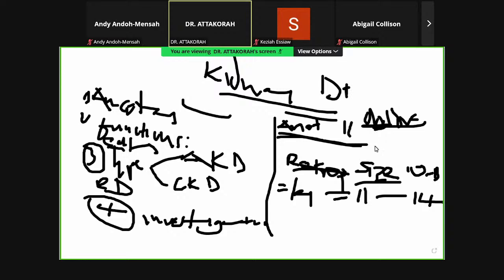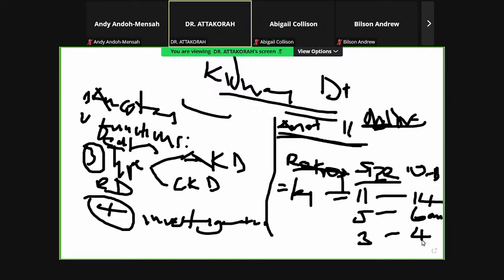So for the adult, the length is 11 to 14 centimeters. The width is 5 to 6 centimeters. And the depth is 3 to 4. So this is the size of the kidney.